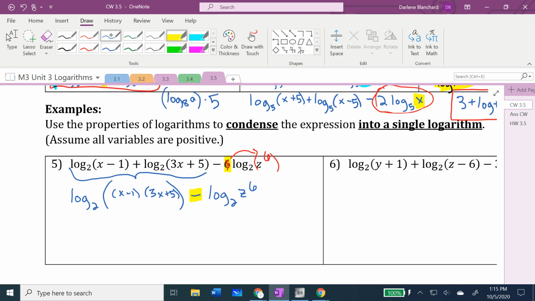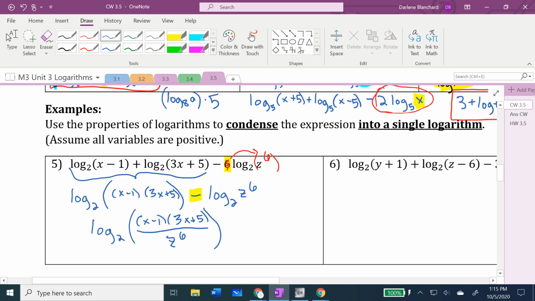And what operation am I going to have inside? You can say it in chat. Or say it out loud. Division. Now, at this point, if you decide you're going to multiply those two binomials, you can.